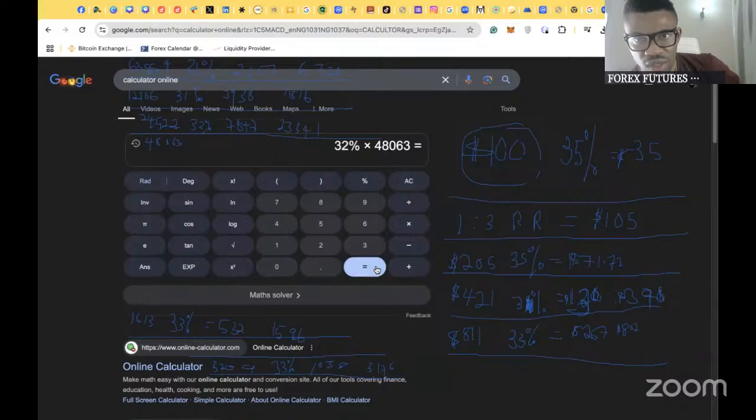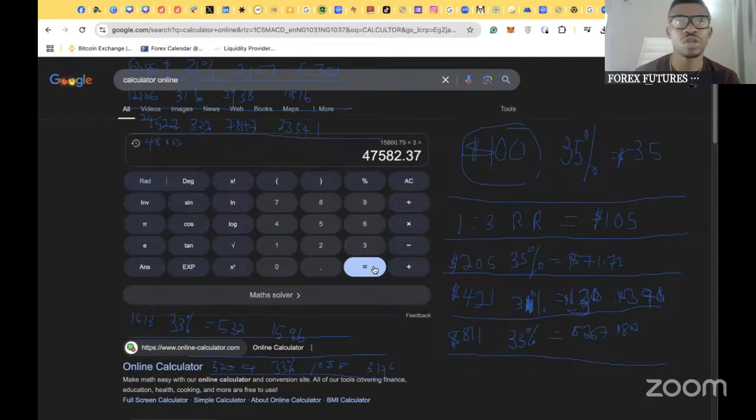This will be a risk of 15,380 multiplied by 3. 46,1 is not enough. So we have to increase that risk to 33% times 48,063. Risk of 15,860 times 3 gives us 47,582. It's still not enough, because we need a double of this, 48.